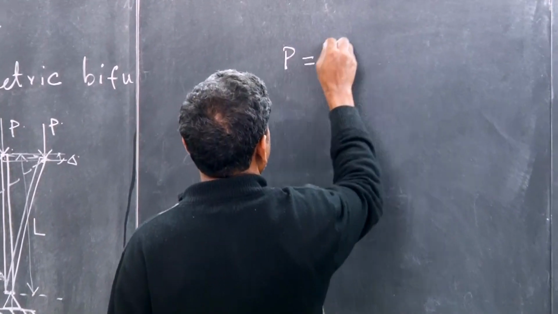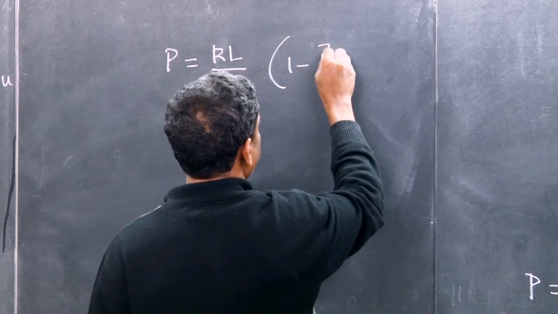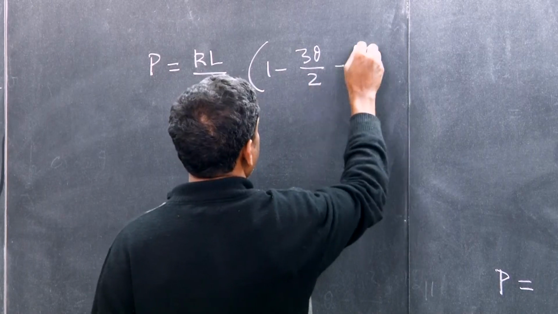Rewriting, it is KL by 2, 1 minus 3 minus.